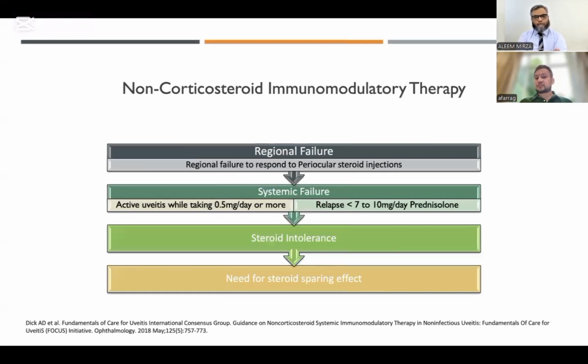Non-corticosteroid immunomodulatory therapy, or second line immunosuppression, is considered in regional failure, meaning failure to respond to periocular or systemic steroid; in systemic failure, meaning active uveitis while taking 0.5 milligram per day or more; in steroid intolerance; or when there is a need for a steroid sparing effect because of long term treatment.